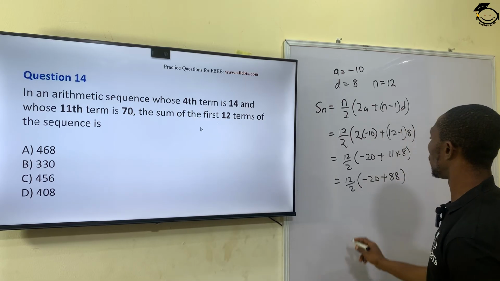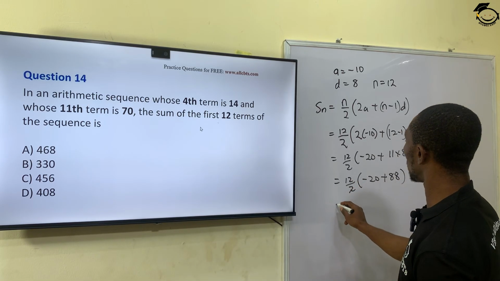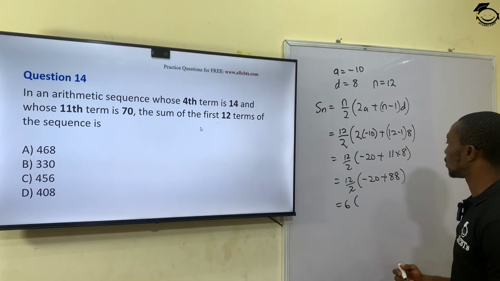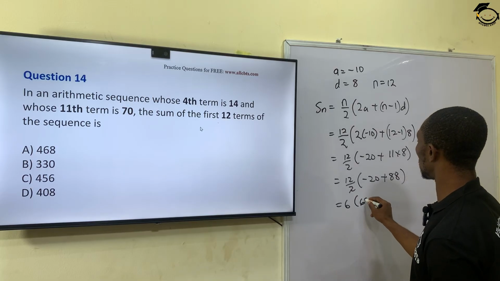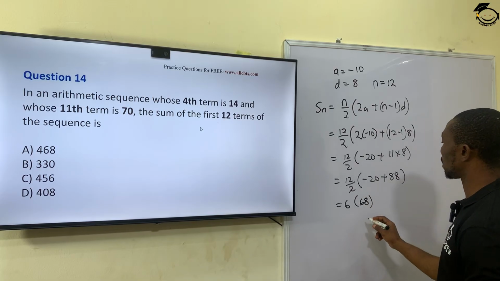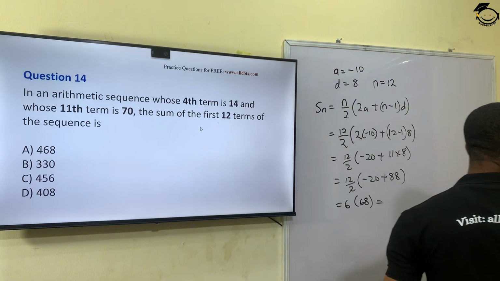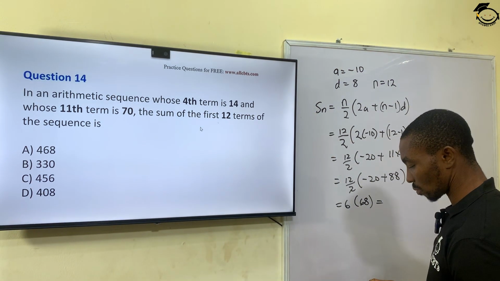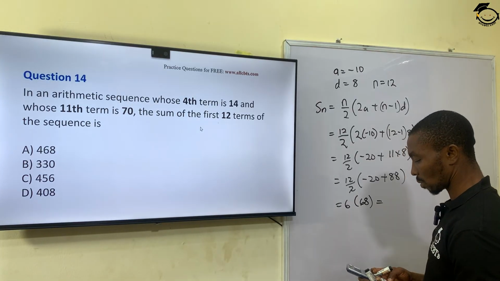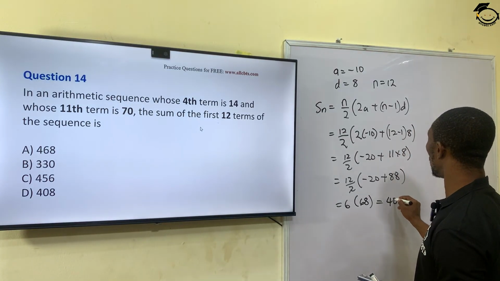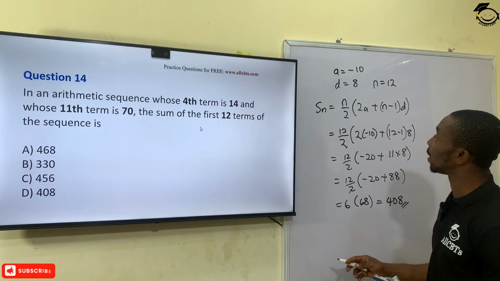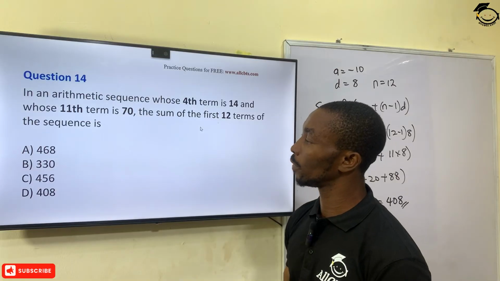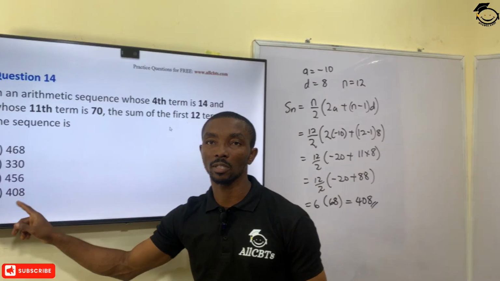All right, now 12 divided by 2 will give us 6, times 88 minus 20, which would give us 68. So 68 times 6 will give us 408. So the sum of the first 12 terms of our sequence will be 408.